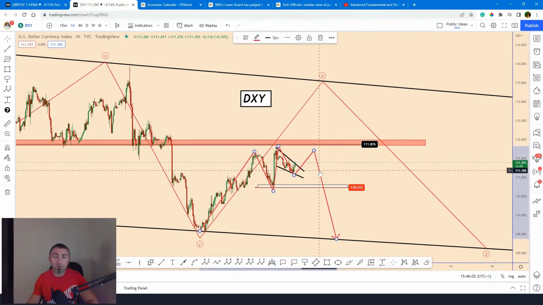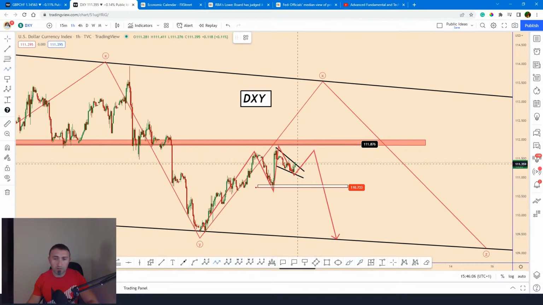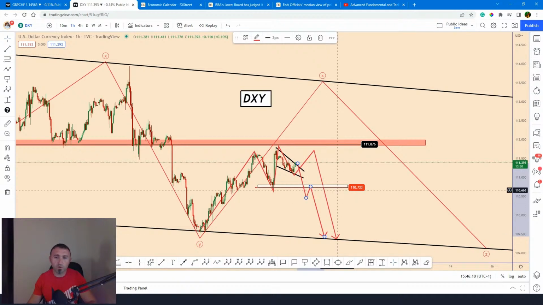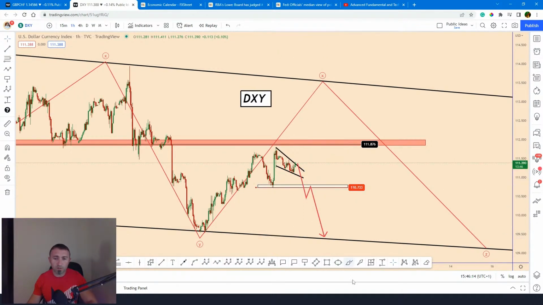Only if price is going to break down 110, this is going to confirm that it will move lower. So at least this is the zone where I'm looking for the price to develop right now. So let's see, because it is not that easy, it's a bit of a tricky scenario. This is what may happen from the second scenario here, the bearish one.